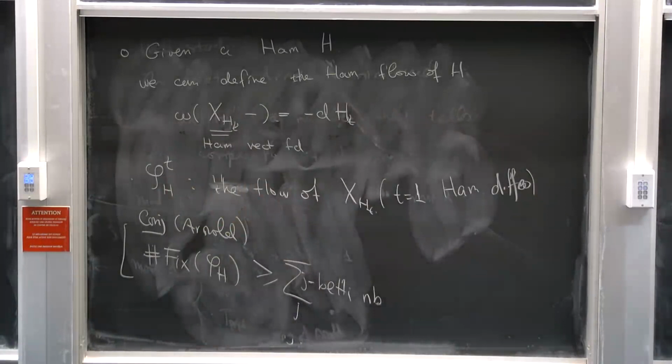For example, it is often the case that Lagrangians of manifolds, which are just middle dimensional submanifolds, are non-displaceable by Hamiltonian diffeomorphisms.